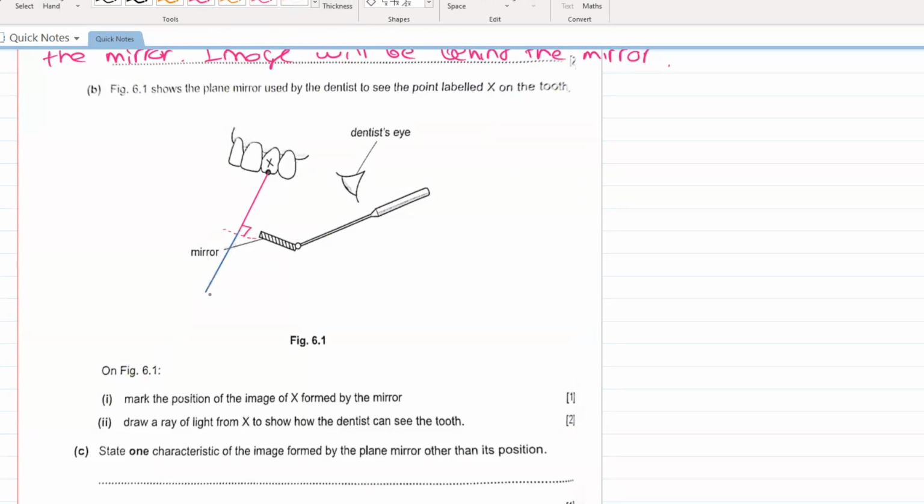I'm just eyeballing it. No, X is the object, right? So let's label this as image I. And then we can erase these lines if you want to.